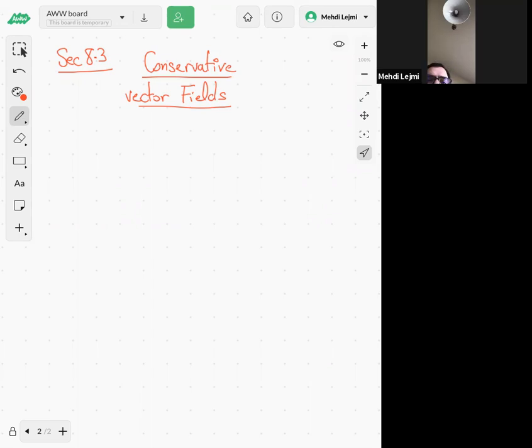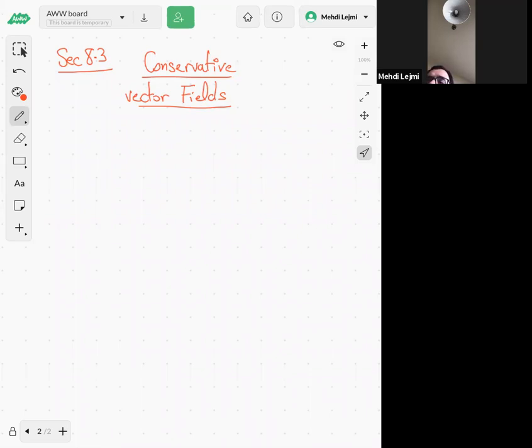So what's the problem in this section? As we discussed in section 7.2, when we discussed vector line integrals, we said that vector line integrals depend only on the underlying curve and its orientation, and not on the particular parameterization of the curve.